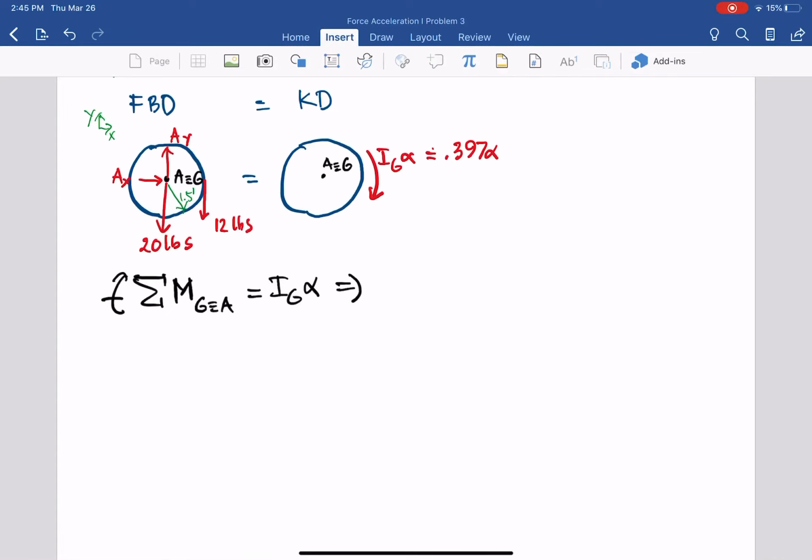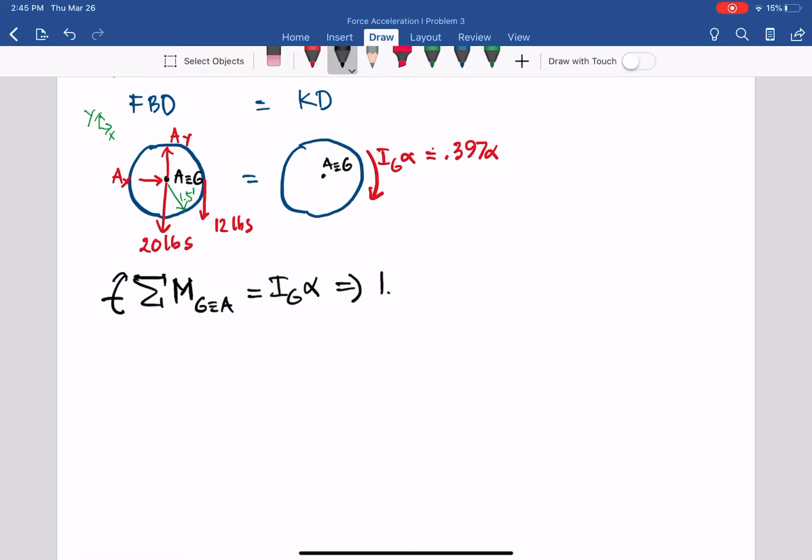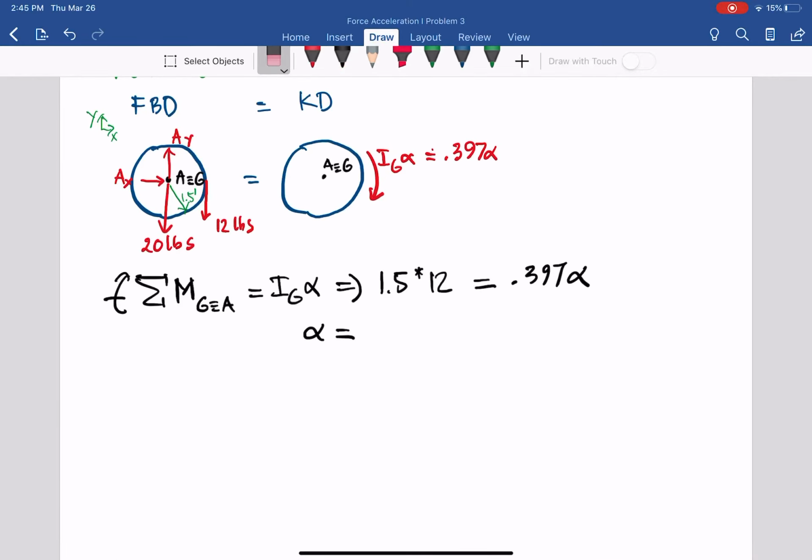So you will have 1.5 times 12 equal to 0.397 alpha. One equation, one unknown, so alpha equals 45.3 radians per second squared, and it is positive, so it will be clockwise.